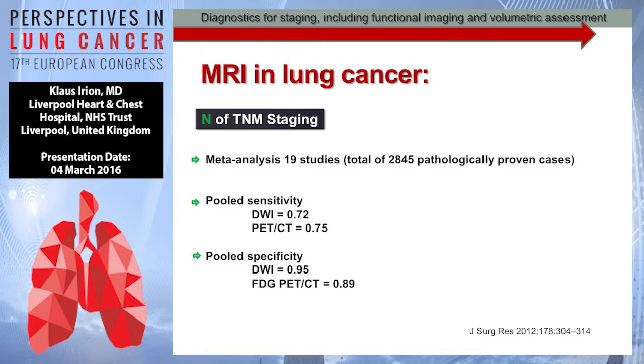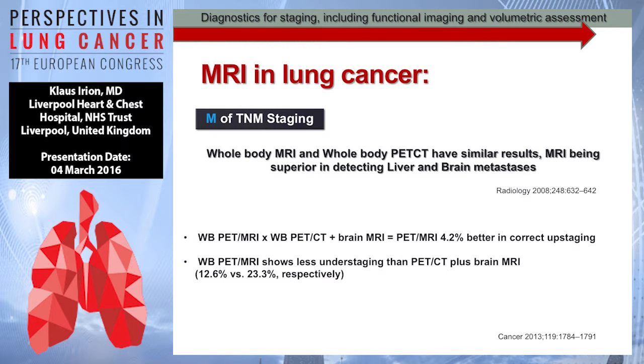For the N study, the MRI is something that we are getting very excited about, but we still need larger studies. You see that the specificity of MRI seems to be slightly better than the specificity of PET, but the studies with MRI are still too small to be really extrapolated to the general population. In terms of the M, as you know, MRI is better than the PET-CT in relation to brain metastasis and liver metastasis.